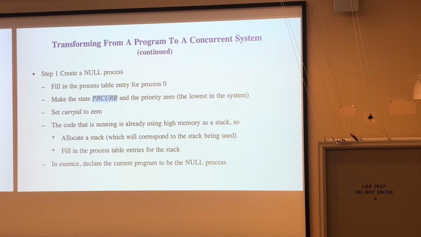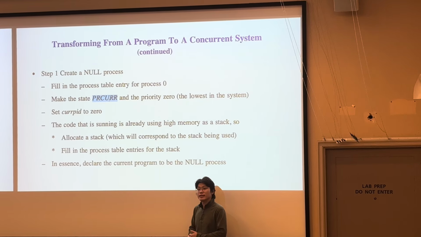So before this step, before we create this null process and set its state to current, conceptually there was no process running in the OS. There was just the OS being loaded in, and the initialization function initializing every component. But there was no process running before this step.